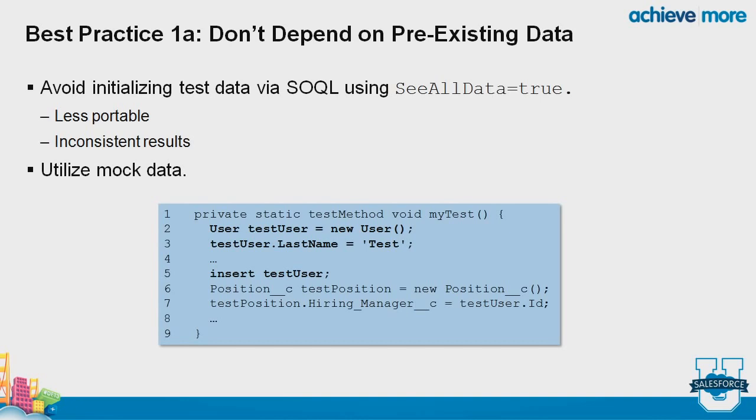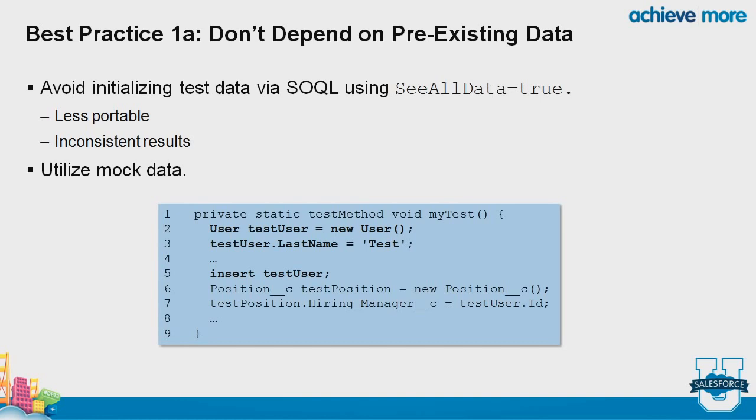All right, so what we're going to do is build mock data. The code that I have here on a blue screen is the test code that you write to test your real business logic, or your production code.